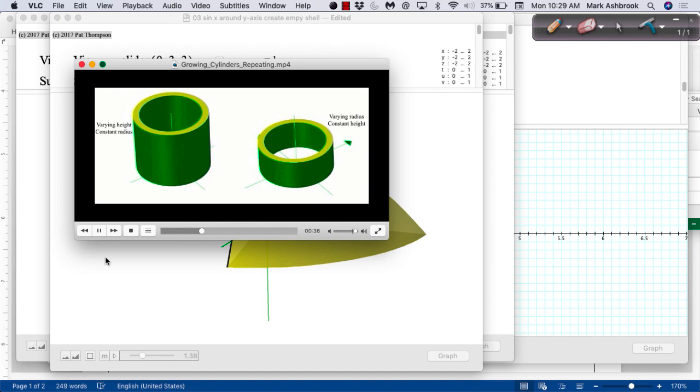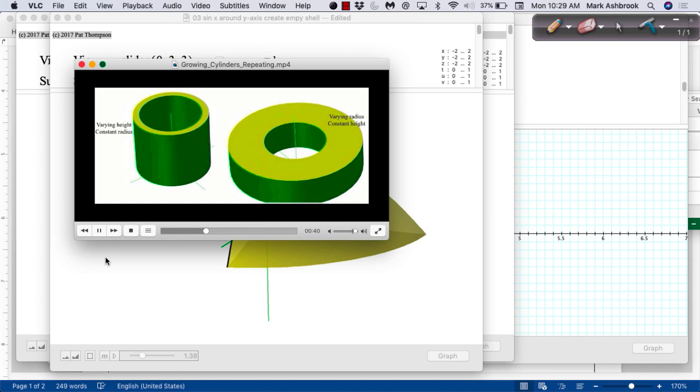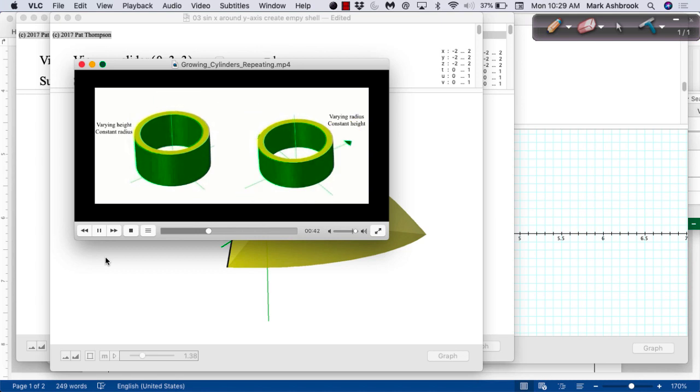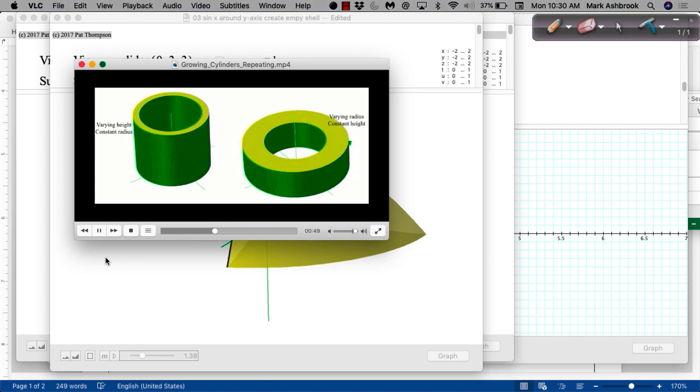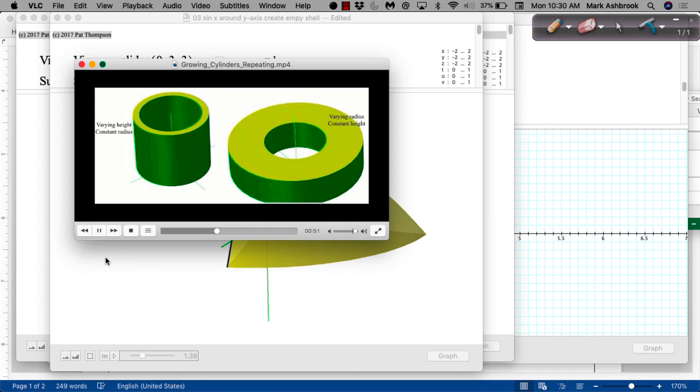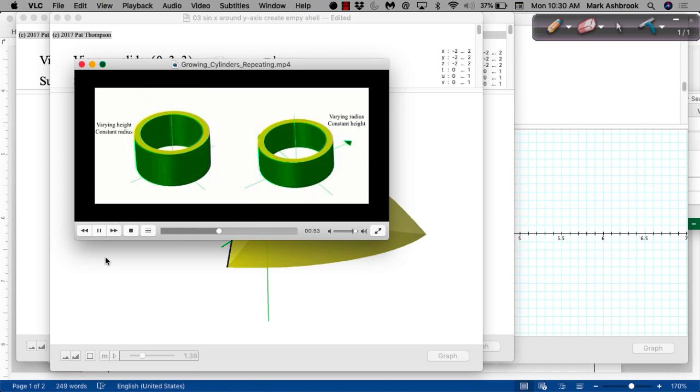If the shell grows in height, we get a certain rate of change function. If it grows in radius, we get a different one. So that's what we have to figure out next: what is the rate of change when the cylinders grow in height versus when they grow in radius?